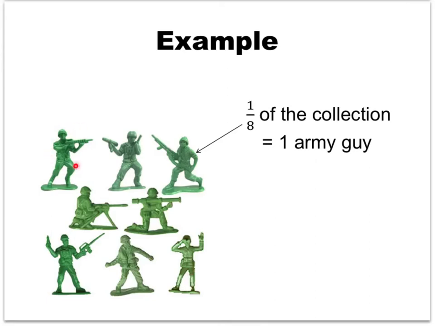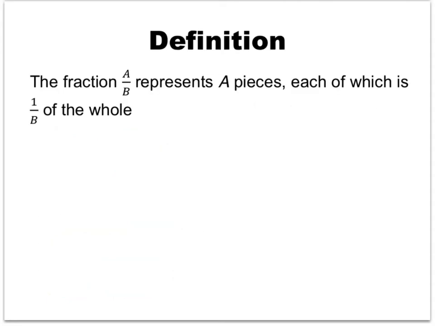Some of these guys are standing up, some of them are kneeling. So they're not identical, but they are equal in the sense that they're all army guys. So 1/8 means that we're going to divide our collection up into 8 equal pieces, and then each one of those pieces is 1/8 of the collection. So in this case, 1/8 of the collection is one army guy. So there's a unit fraction.